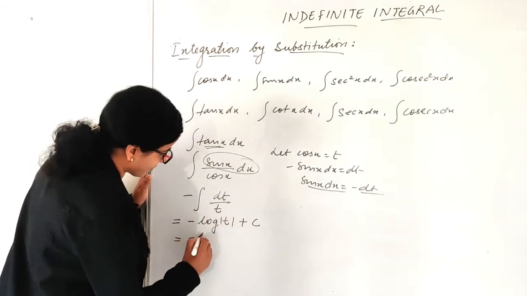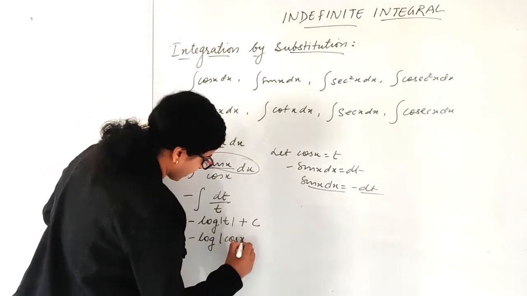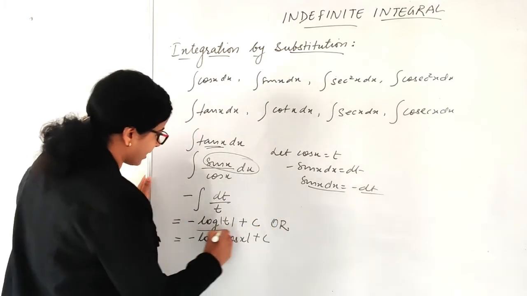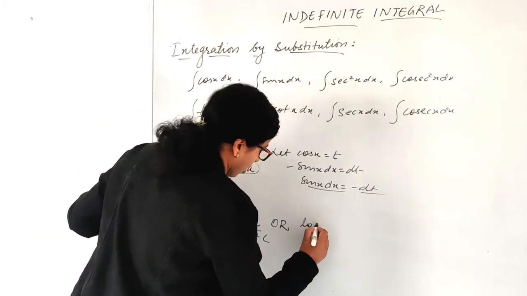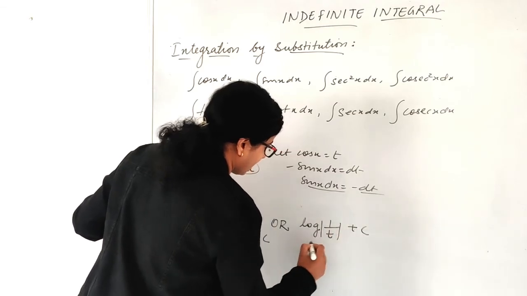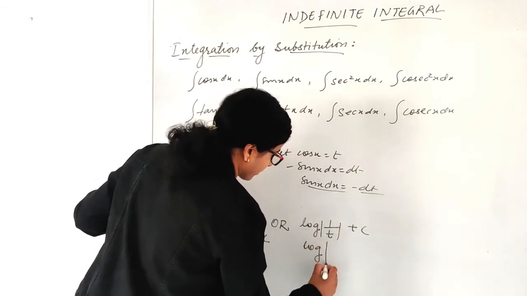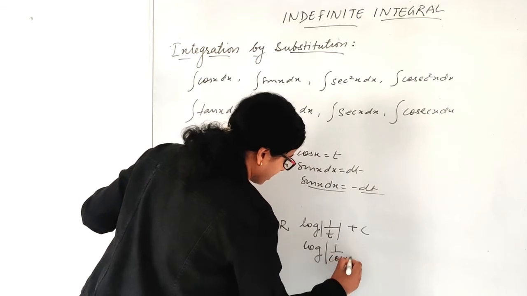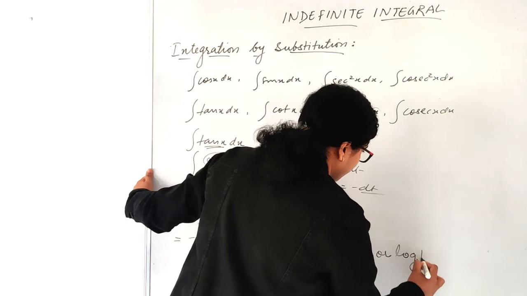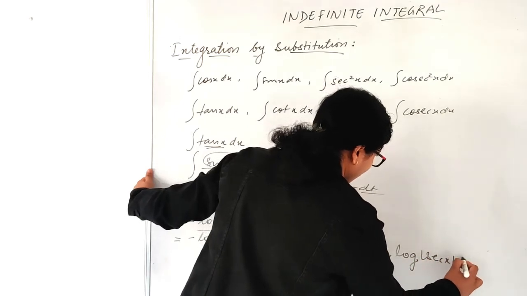I can write this as minus log cos x plus c, or from here I can write this as log 1 upon t plus c, so it will become log 1 upon cos x plus c, or it can be log secant x plus c.